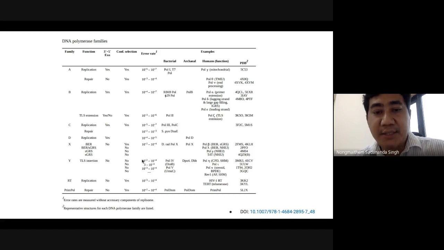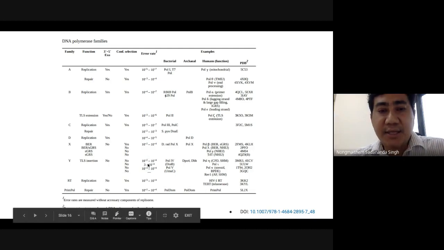So you can see the error rate is much higher when there is a SOS response because of the error-prone translesion synthesis polymerases. So it is hypermutagenic when SOS response is induced. So one way to mutagenize a bacteria or some organism is you can give a heavy dose of DNA damaging agents, thereby leading to the induction of SOS response, and you can get lots of mutations.